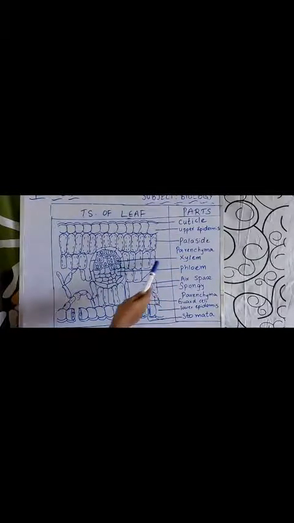It also has irregularly arranged cells with large intercellular spaces known as spongy parenchyma. There are so many air spaces in the spongy parenchyma. Palisade parenchyma doesn't have intercellular spaces, but spongy parenchyma has a large number of intercellular spaces called air spaces.